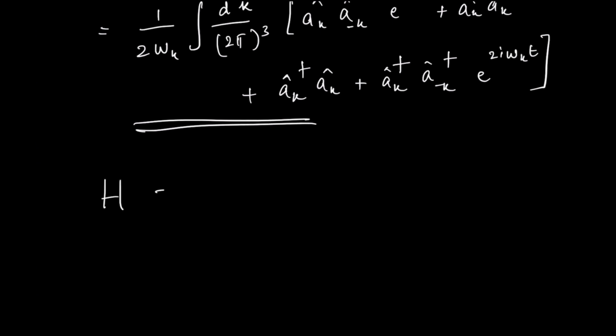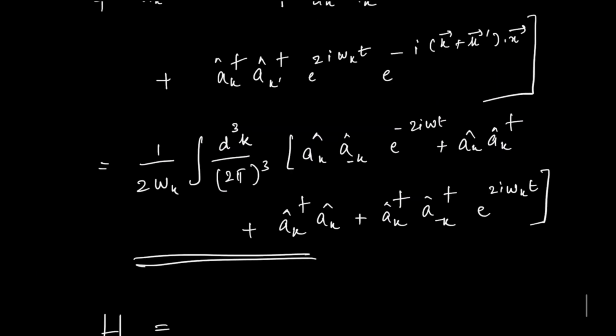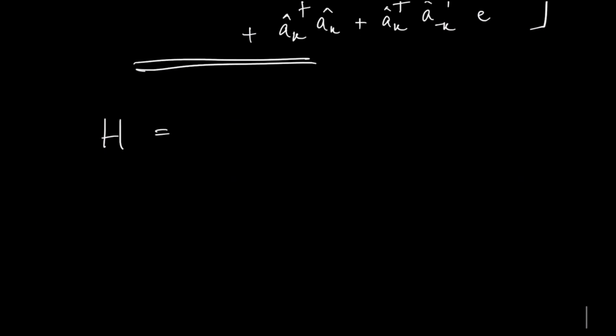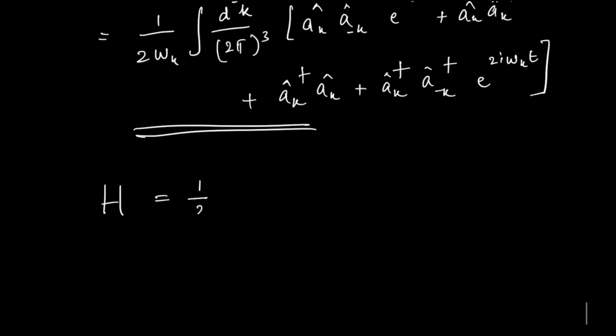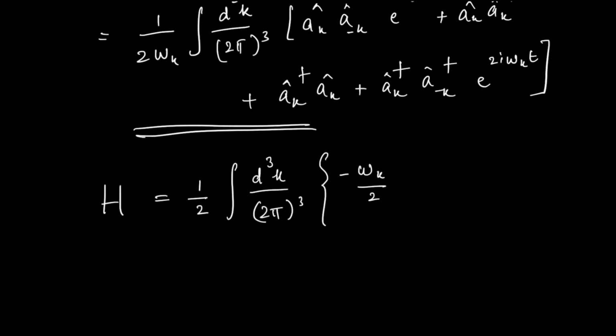Now the total Hamiltonian will be the summation of all the terms. So I'll just give the last expression. You can just add everything up and you will get 1 by 2 integral d cube k by 2 pi cube, minus omega k by 2, ak. Either I can write in terms of minus k, or I can write k prime is equal to minus k.